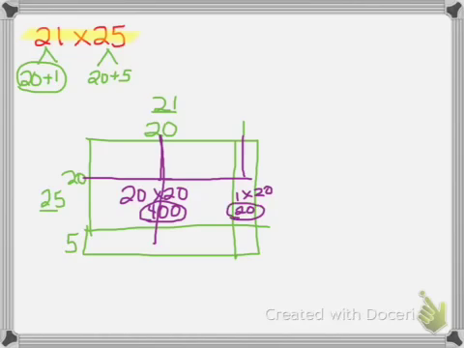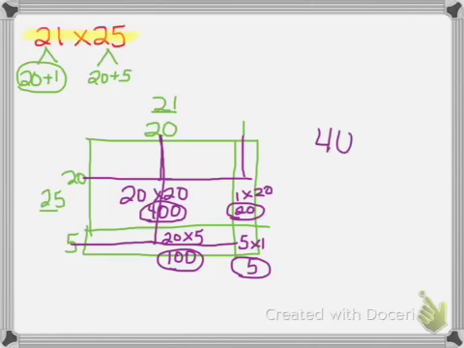Then these two, 20 and 5, meet here, and so this is 20 times 5, which is 100. And then he continues on. 5 times 1 is 5. All of these circled numbers are my partial products. They're part of the answer, but not quite the answer.